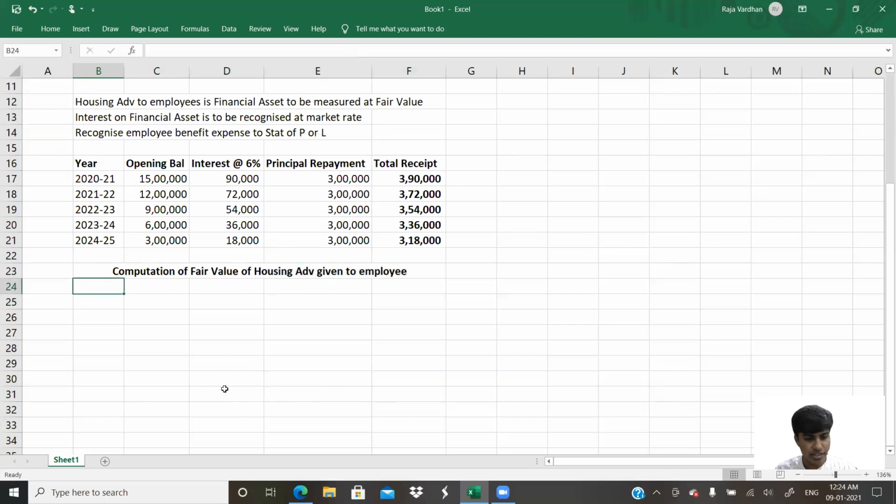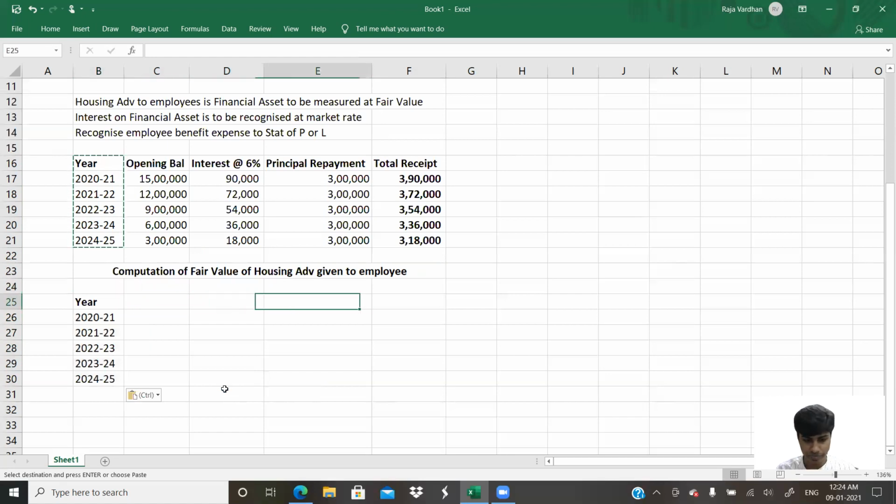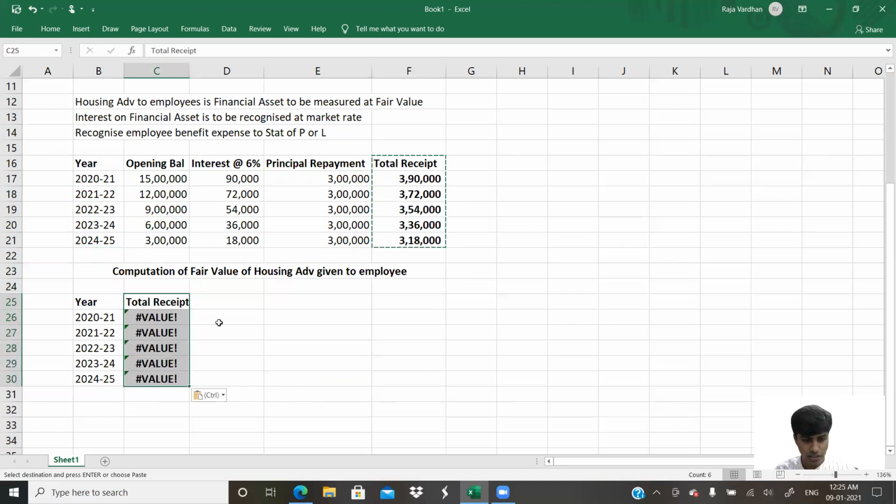Okay, how do I find this? Same old thing. In these years, what exactly are my receipts? These are my receipts. I will call these receipts cash flows.